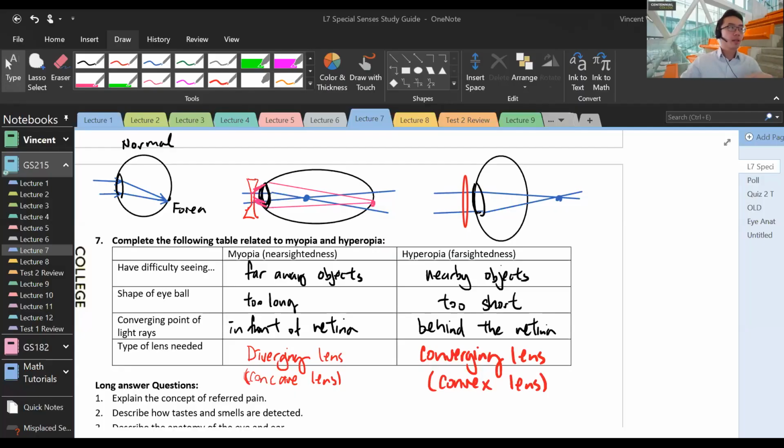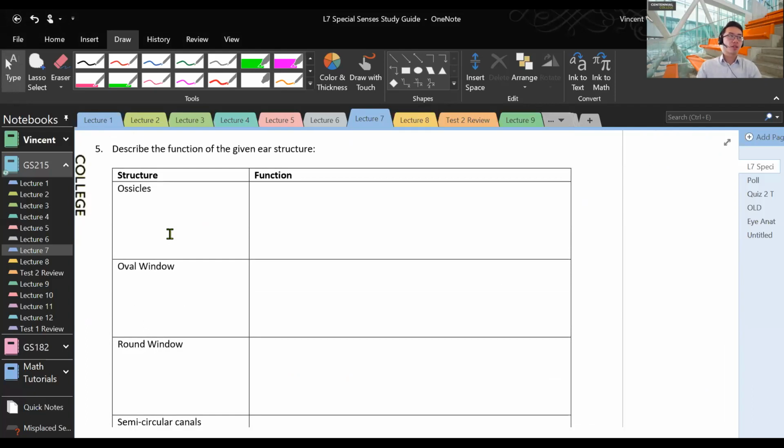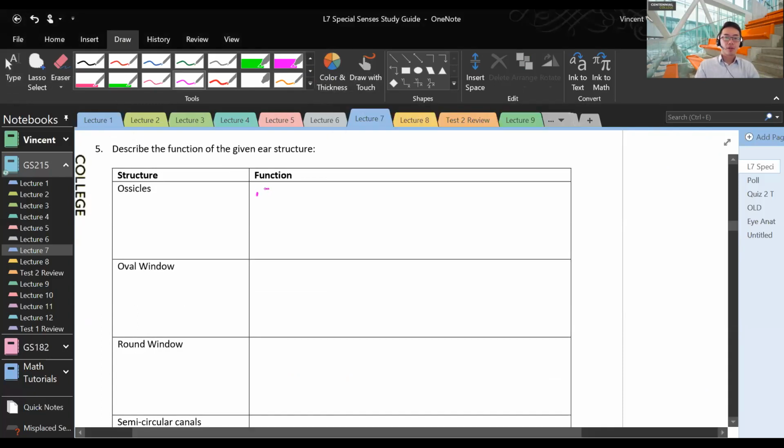Okay, let's keep going with the ear now. Let's go back to this chart here. Describe the function of the given ear structure. First of all, we have the ossicles. Ossicles are 3 small bones located in the middle ear.